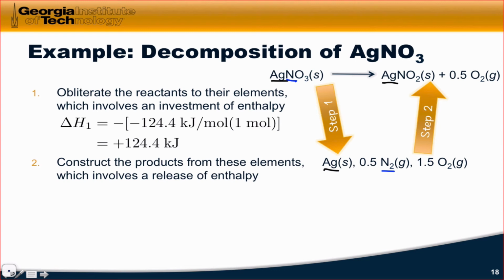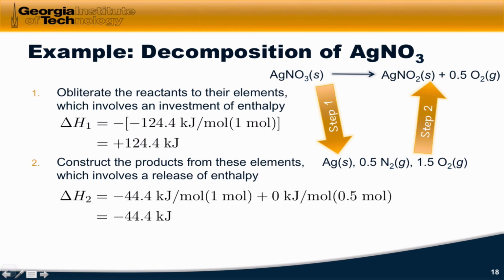And indeed, we have half a mole of N2, or 1 nitrogen atom, in the products. And we get 1.5 moles of O2, because we have 3 oxygen atoms in the reactants. And indeed, we have 3 oxygen atoms in the products as well. Half a mole of O2, that's 1 mole of O, plus 2 moles of O built into AgNO2. So there's mass balance here, as there always will be.